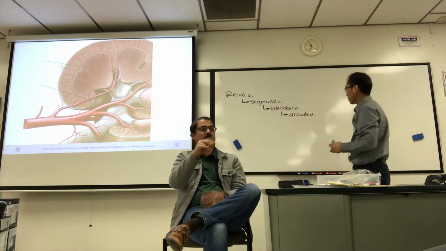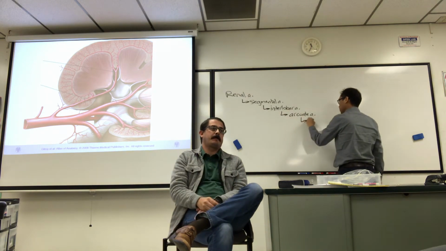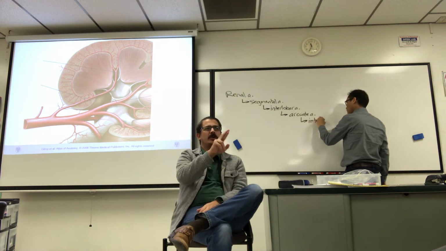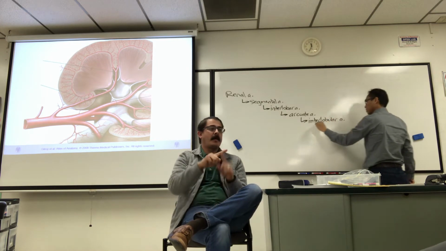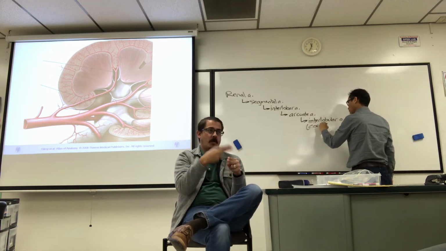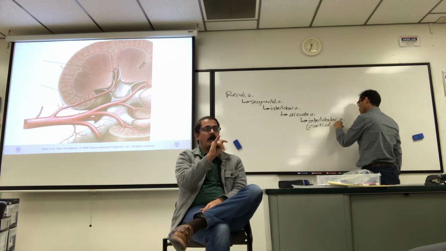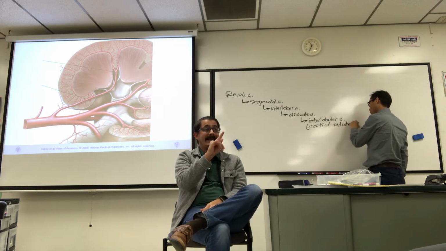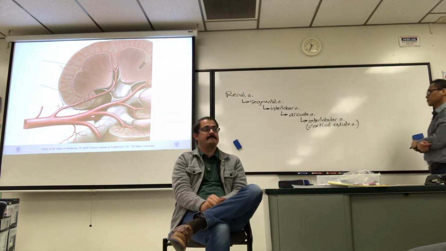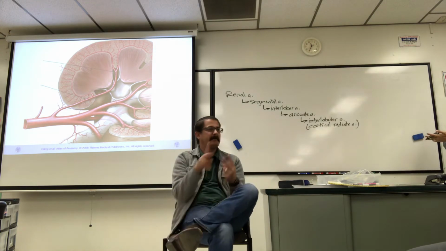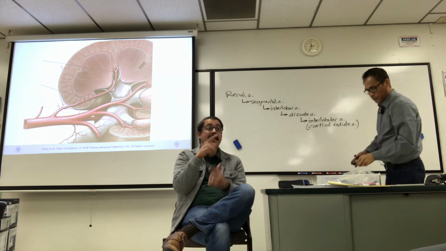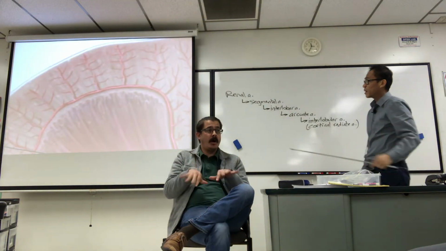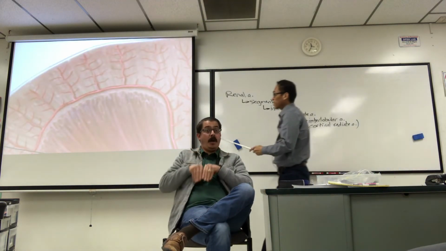So arcuate. I tend to use interlobular arteries, but they're also called cortical radiate arteries. So either or. And if you go even closer in, it's starting to get a little pixelated there, but let's follow it again.